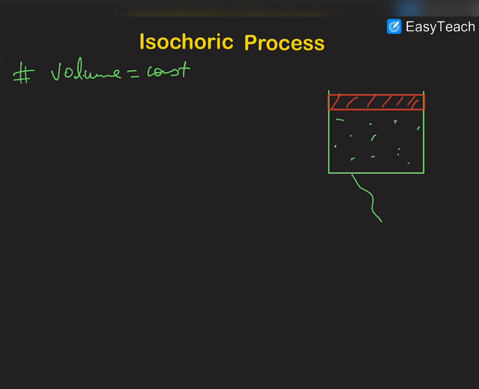This is a cylinder containing an ideal gas, and the piston is a rigid piston, which means that it would not move. So when we heat this gas, the piston will not move and volume will remain constant.